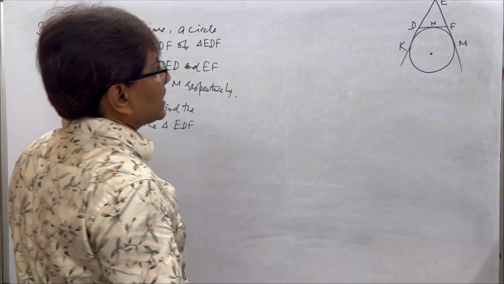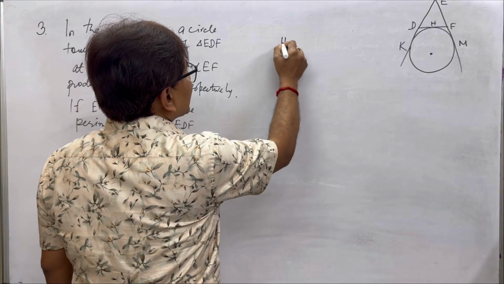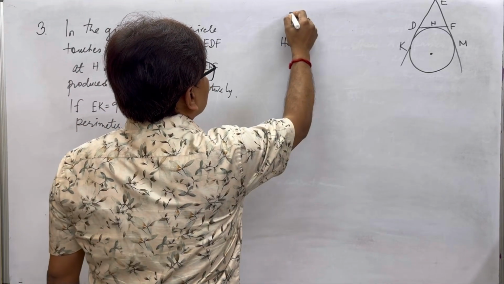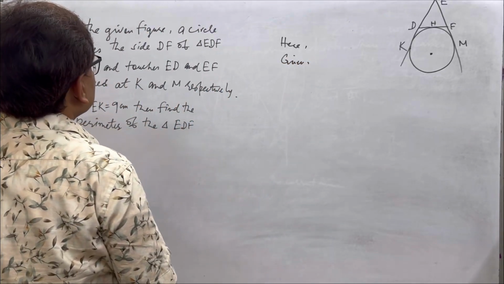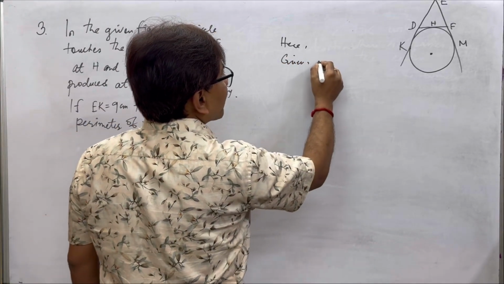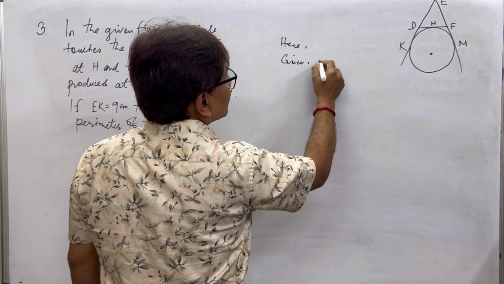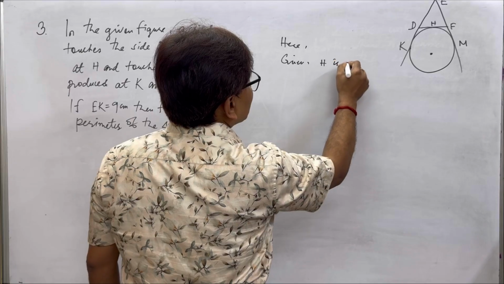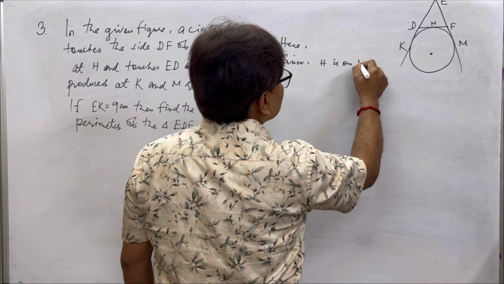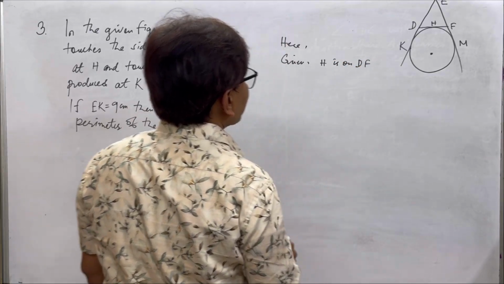Okay, now see here. What is given? Given is that H is on DF.